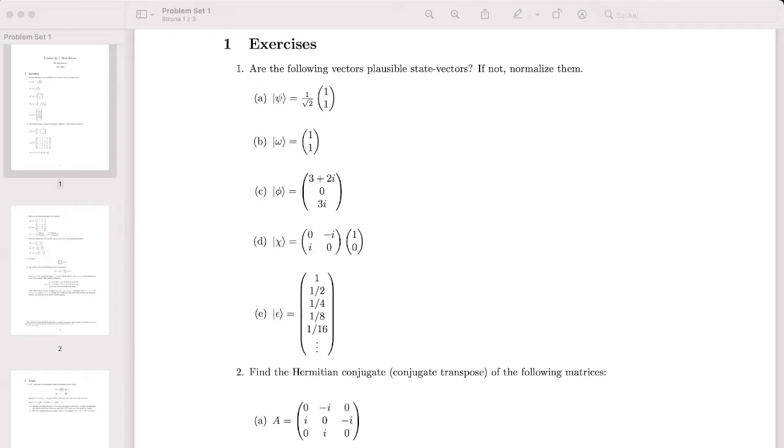Each of these numbers is the previous number multiplied by 1 over 2.